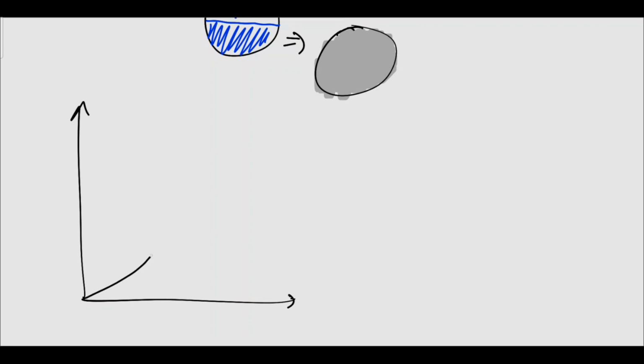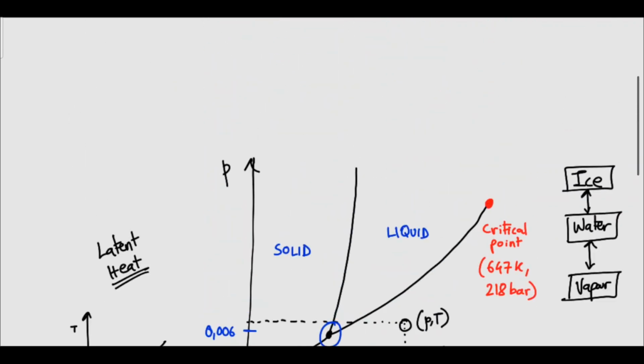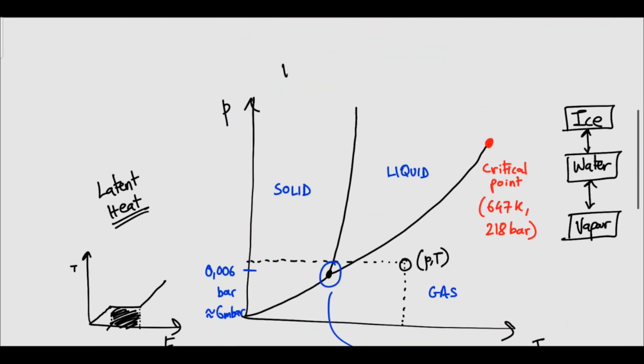Right, and then we can move on to the next example, sorry, I still have the highlighter on, which would be nitrogen. Nitrogen also has a similar kind of graph, whereby we also have a triple point here and a critical point here, and the rest is the same. I should mark here that this is for water, and now this is for nitrogen.